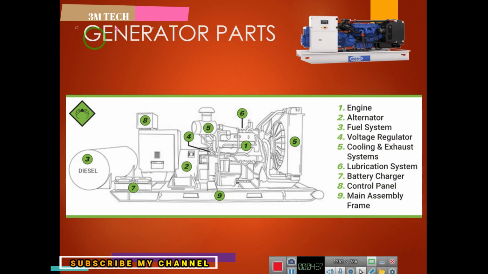The lubrication system lubricates your mechanical parts to produce less friction. The battery charger charges your batteries and helps to ignite your generator. It also powers your control panel. The main assembly is the housing in which all parts come together to make a complete generator set.